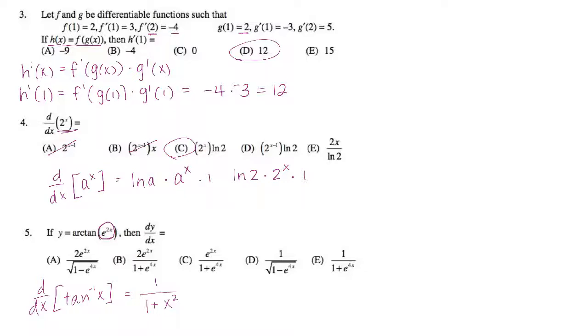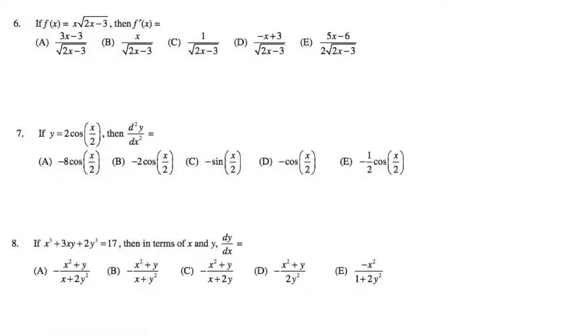So we know we're going to have at least 1 over 1 plus e to the 2x squared. And then we're going to have to take the derivative of just x. So the derivative here of e to the 2x is going to be 2e to the 2x. And so it looks like we're going to have answer choice B.